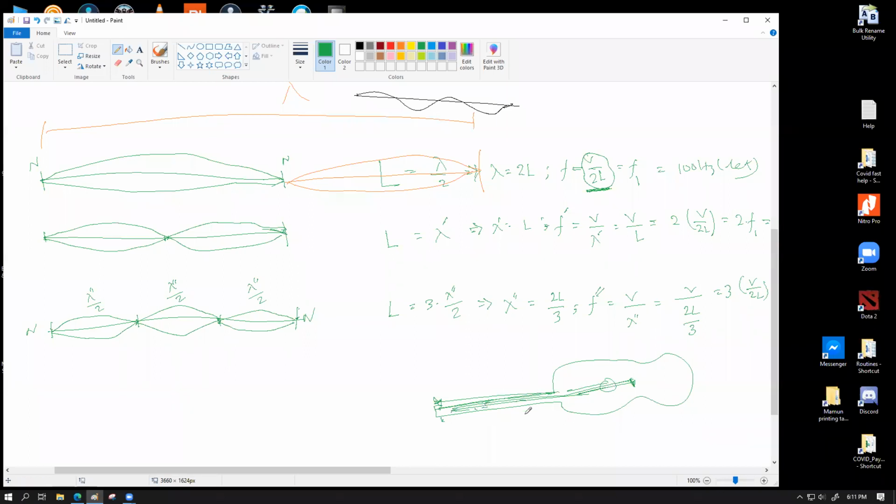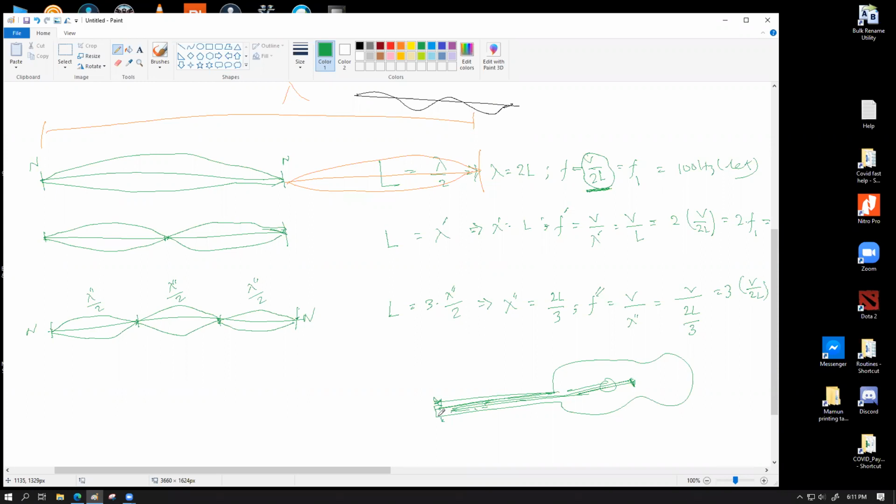The only aim of holding the strings at certain places is to control the length of the string, so that the string can give us an exact frequency of sound. Whenever they place their hand close to the hole, they're working with a much smaller length of string, which means they're going to produce a much higher frequency. If they are holding it far to the left, then they're going to produce a much lower frequency.